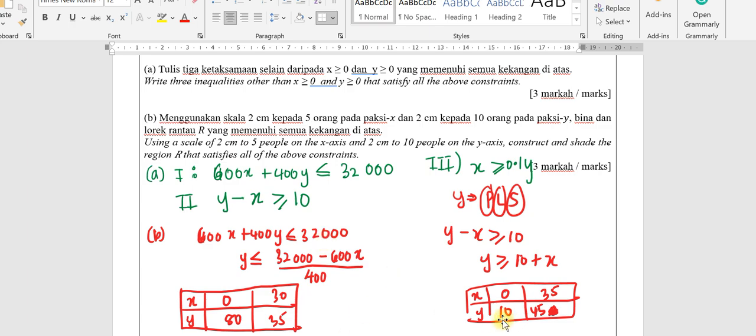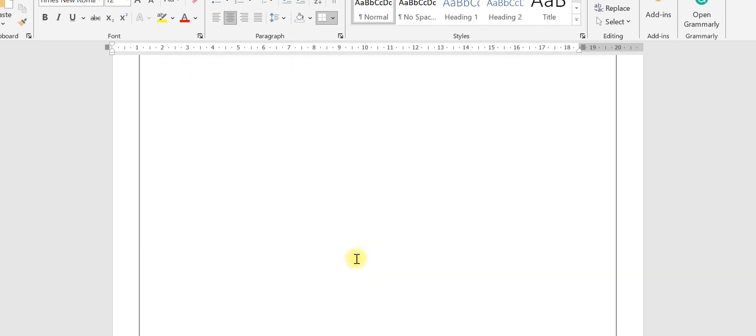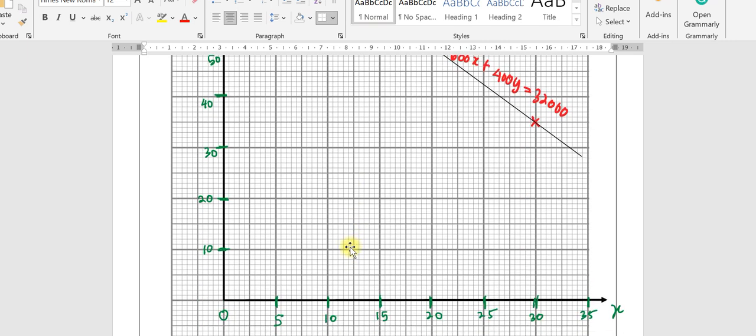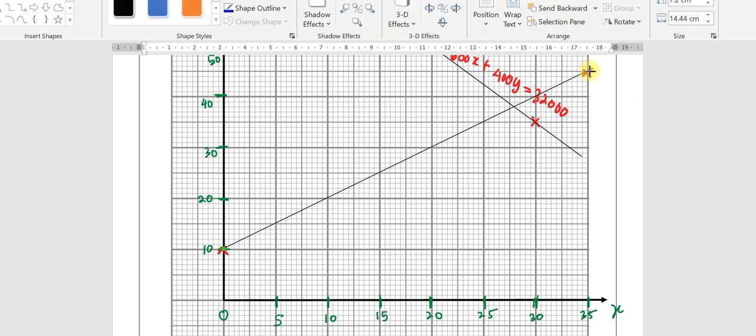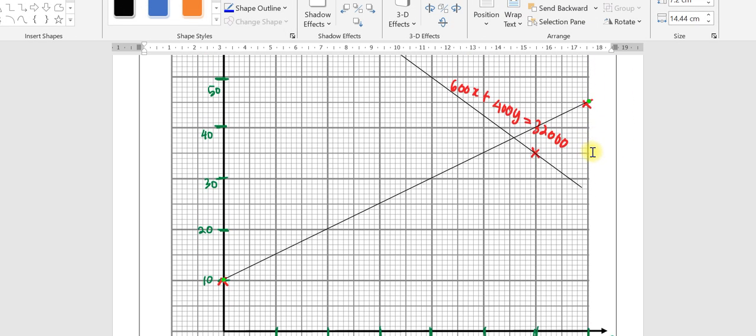So (0, 10) and (35, 45). (0, 10) is here, and (35, 45) is here. Let's join that line. This is y minus x equals 10.